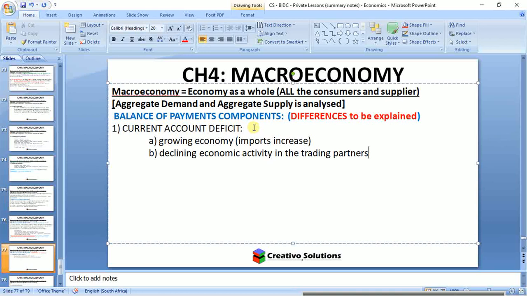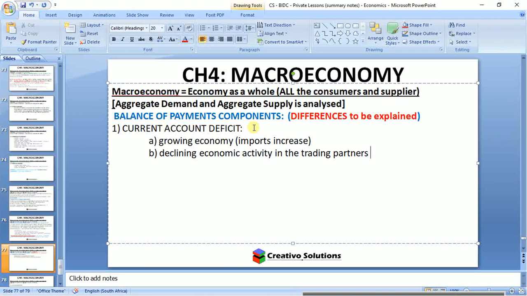Right, so in the US, they have a recession. How is that going to affect us? Because now we can't trade with them as much, and we might not export as much, exactly. And what does that do? It creates a current account deficit. Does that make sense?